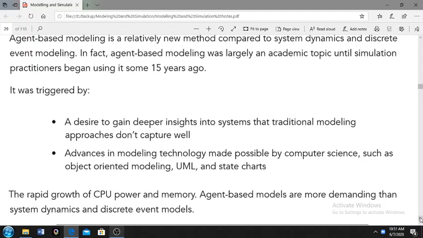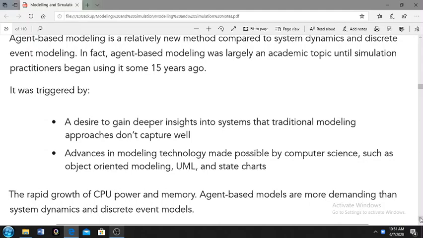System dynamics and discrete event have been used for a long time, and then later agent-based modeling was introduced to gain deeper insight and understanding of systems that system dynamics and discrete event were not capturing.